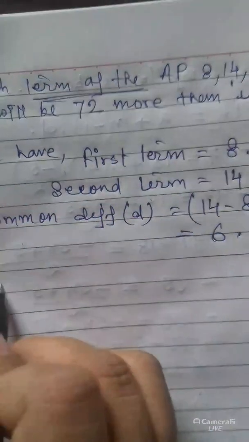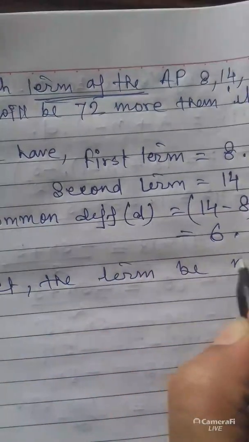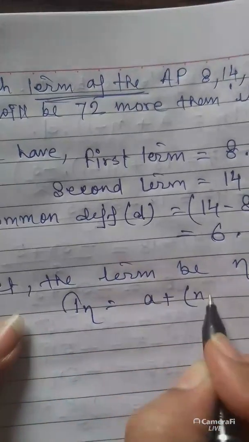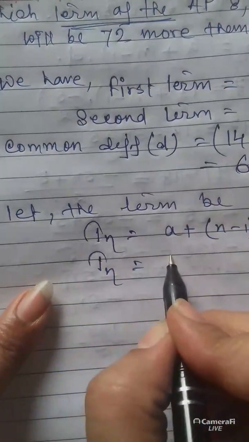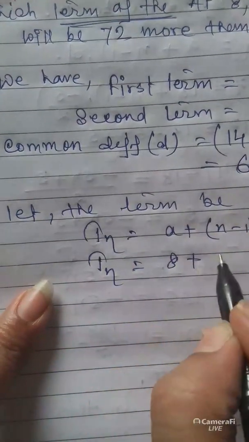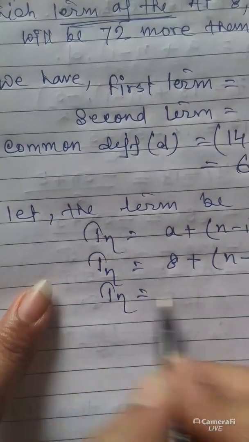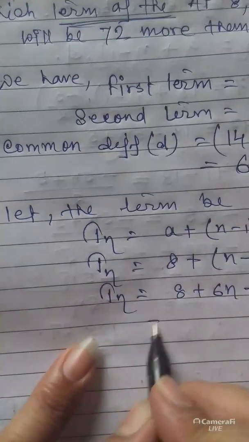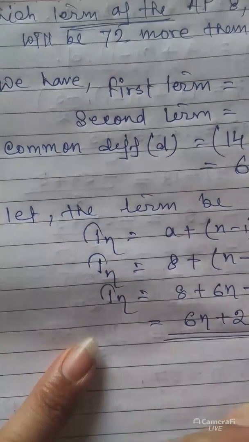Now which term of the AP? We have to find the term. Let the term be n. So Tn equal to A plus n minus 1 into D. Now Tn equal to A, which is 8, plus n minus 1 into 6. Tn equal to 8 plus 6n minus 6, means 6n plus 2. This is the nth term.